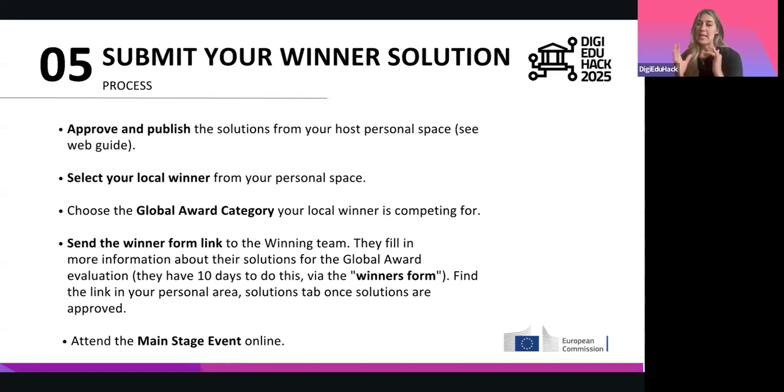They have around 10 days or so to do this, but they do need to submit their winner materials again. It means that they can update the materials if they want to. Maybe it's part of your prize process that they get some mentoring to improve their pitch or their slides or whatever the case is, but they do need to submit once more. And then, of course, attending the main stage event.